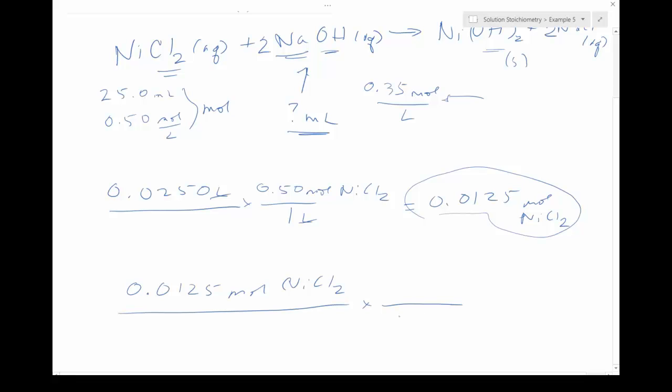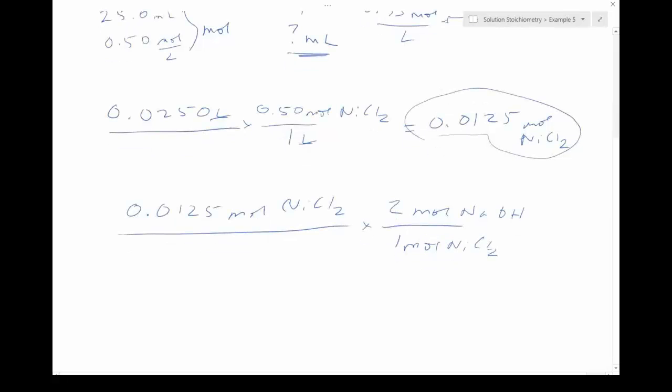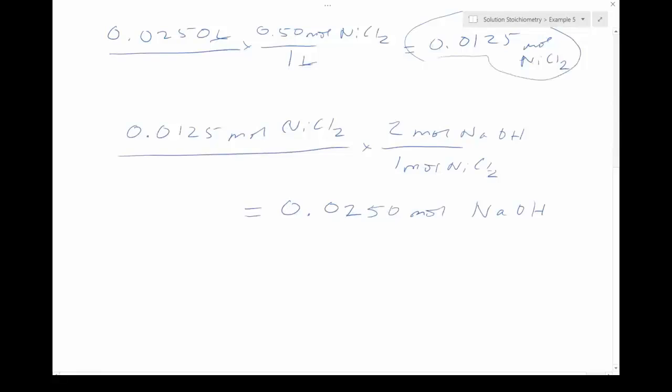And we see that for every 1 mole of nickel(II) chloride I have, I need 2 sodium hydroxides. So I need 2 moles of sodium hydroxide for every 1 mole of nickel(II) chloride. And so this should work out to tell me that I'm going to need to be adding 0.0250 moles of sodium hydroxide to my reaction. Otherwise, I won't have added enough.